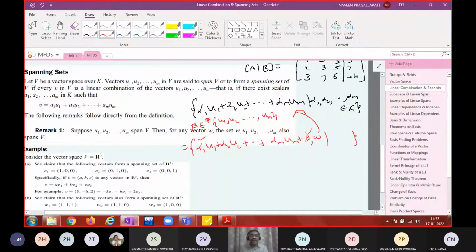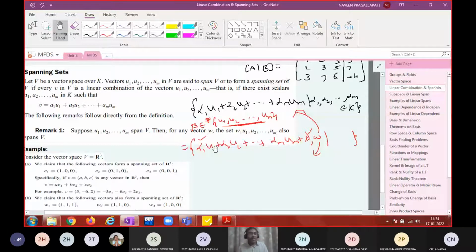That means w can be expressed as a linear combination of these vectors. So w is actually a linear combination of u1, u2 and so on um. So a linear combination of u1, u2, um plus a linear combination of u1, u2, um is again a linear combination of u1, u2, um. That is nothing but an element of the set spanned by this set of vectors. So if you have a set of vectors which spans a given set, then any superset of that also spans.